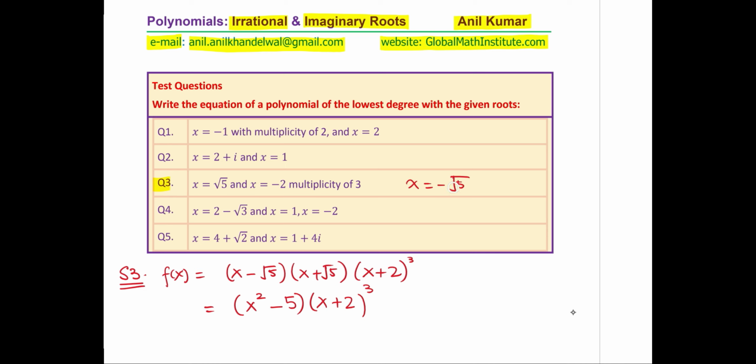So remember, whenever you're talking about irrational and imaginary roots, they are always in conjugate pairs, right? So make a note of this. Irrational or complex roots always in conjugate pairs.